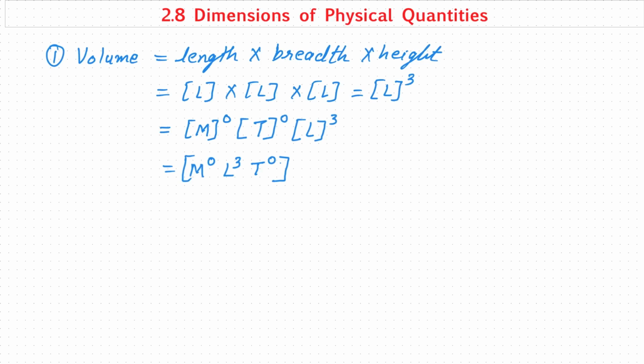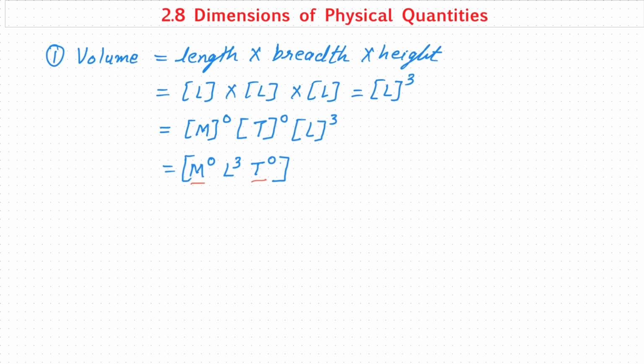Here you may ask one question: why am I putting M raised to 0 and T raised to 0? When the dimension of mass and time is 0, then why put them at all? And what about the remaining 4 physical quantities which I have not mentioned, like temperature, current and so on?